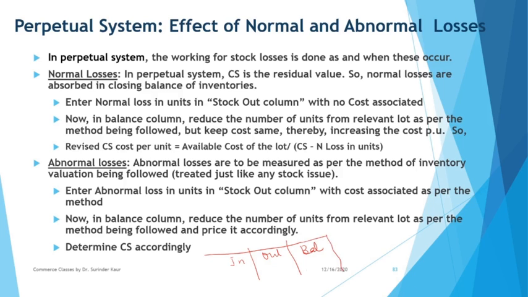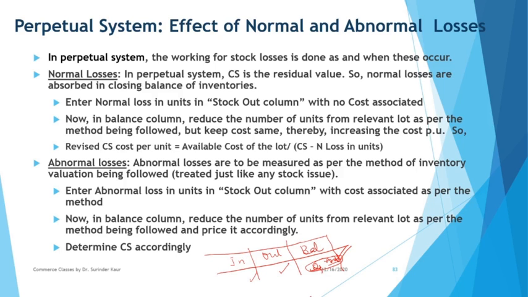So every time the balancing figure is recorded as the closing balance. We'll record stock out, we'll record stock in, and if any normal loss is there, it will be absorbed here in the balance. While recording the balance, normal loss will reduce the quantity, but the amount will remain the same. So that amount will be absorbed in the given quantity.